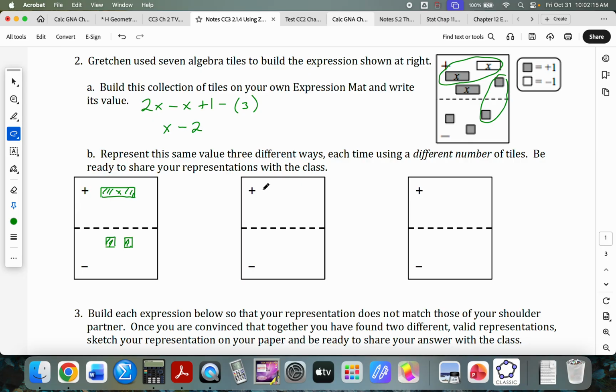What if I wanted to add tiles on? Can I? So I'm going to start with what they started with.